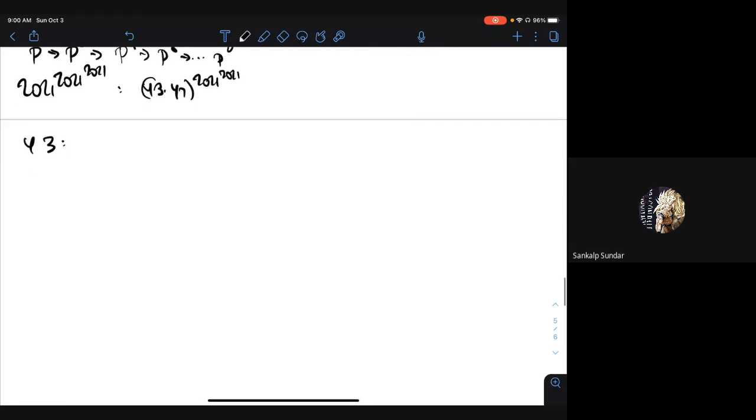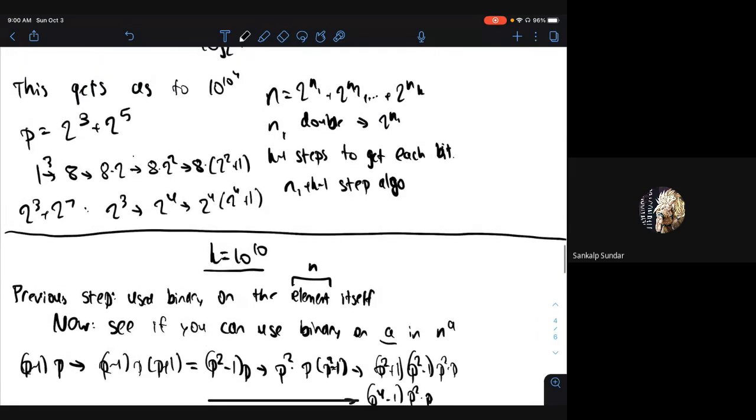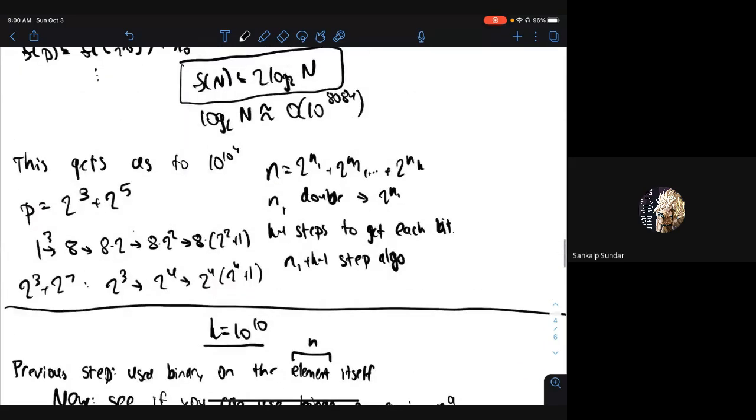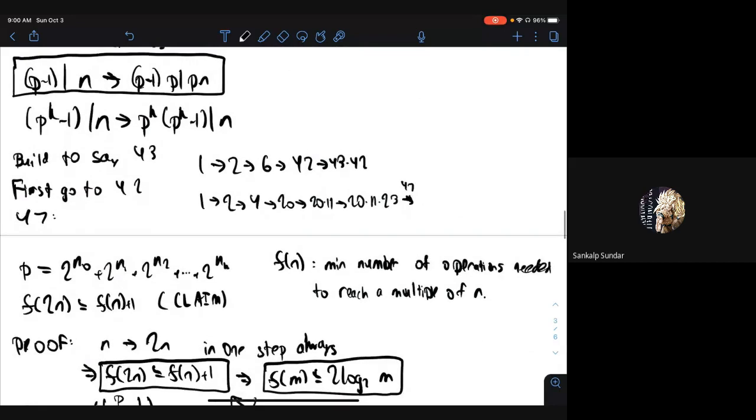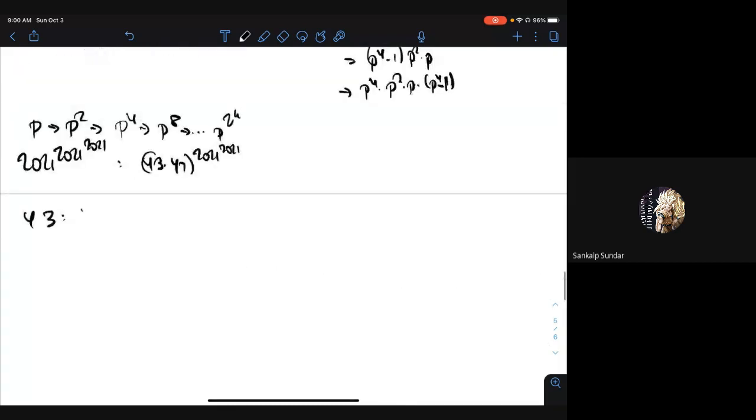So it's 43, we can just keep squaring. To get to 43 will take some constant number of steps. I think what we had earlier, by this we can do it in 4 steps. Yeah. So 4 steps to get to 43, and then log 2 of the exponent times.